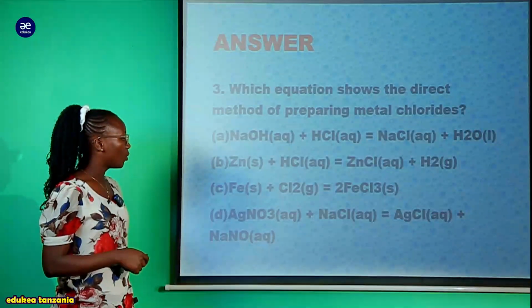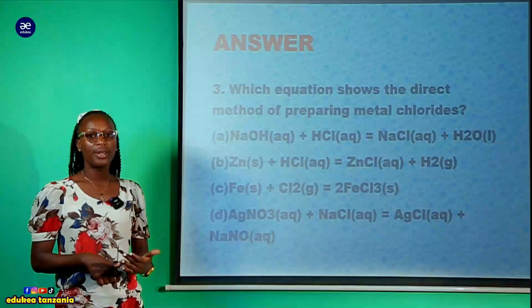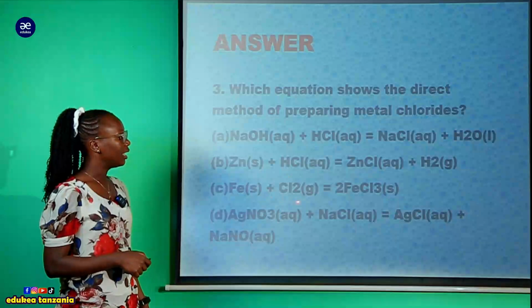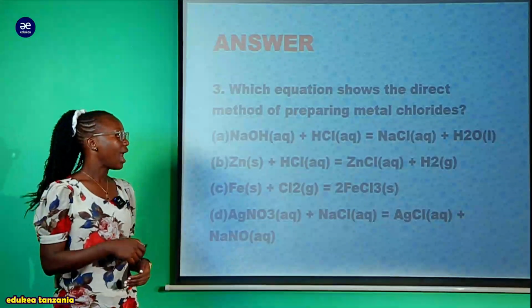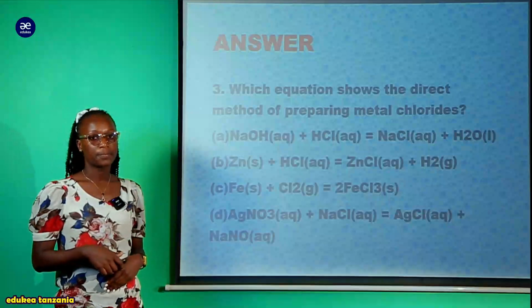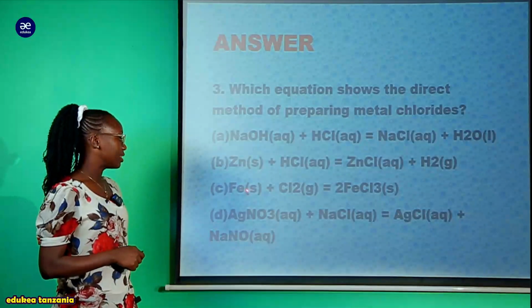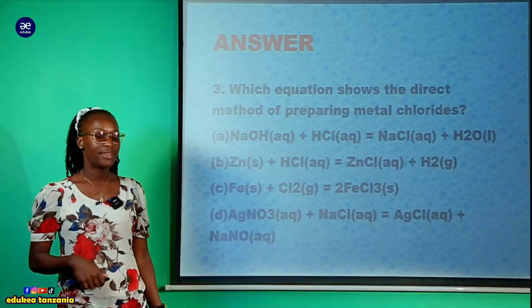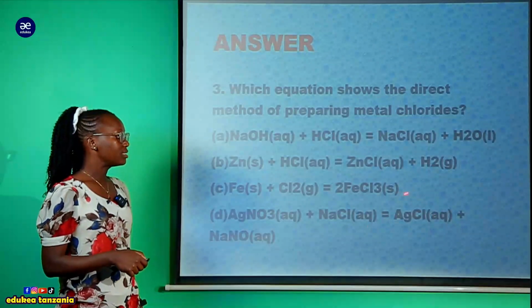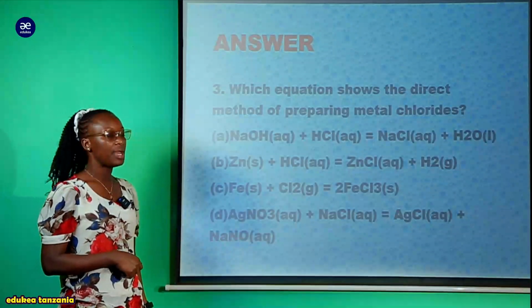In C, we are given iron, which is a solid metal, plus chlorine gas, and we are going to have iron 3 chloride. And D, we are given silver nitrate plus sodium chloride, and we are going to have silver chloride and sodium nitrate.